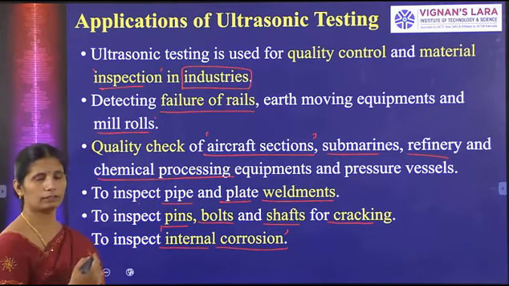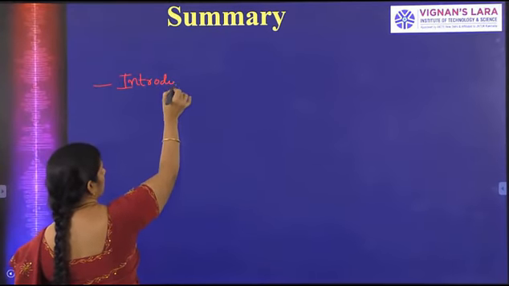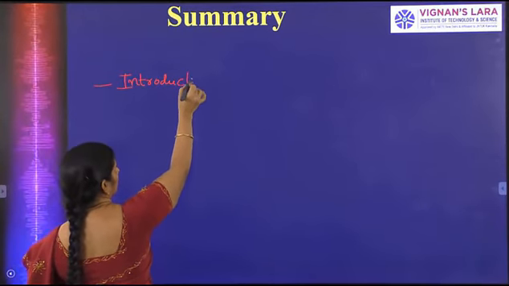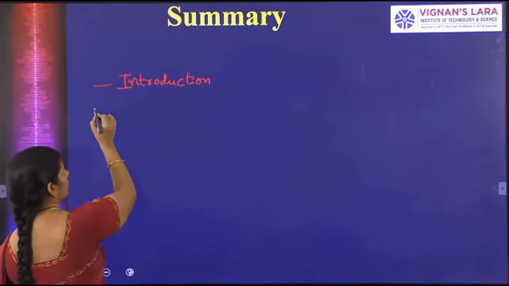So coming to the summary of ultrasonic waves, what we have discussed in this chapter. Initially we discussed the introduction, that is, what we call ultrasonic waves and what the properties of ultrasonic waves are.